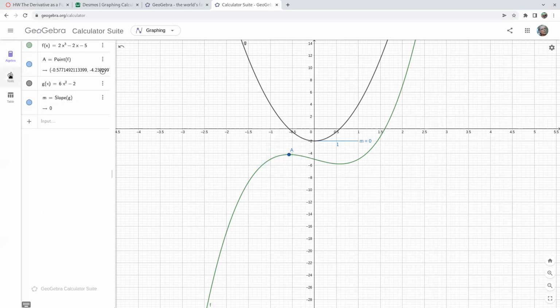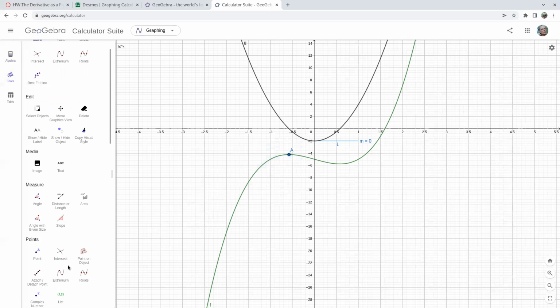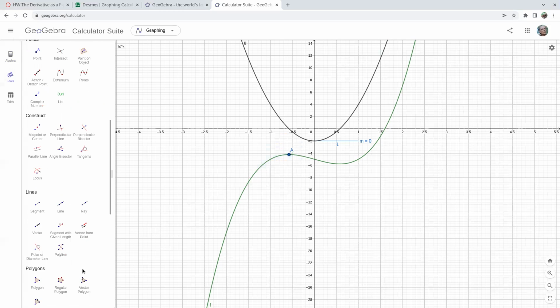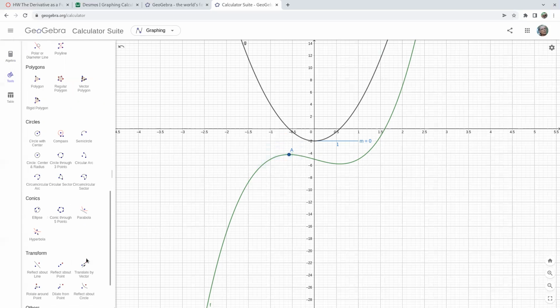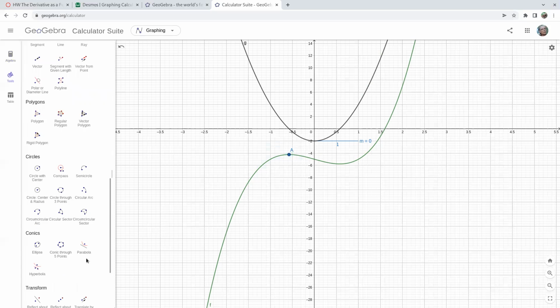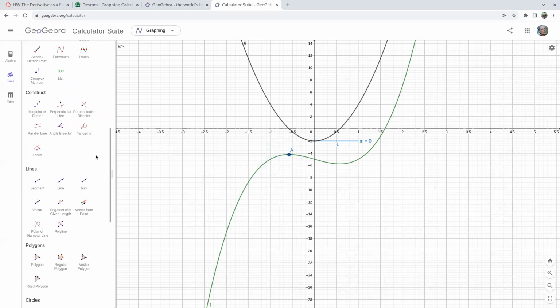Let's put it back in. Tangent, point, curve. There we go. And if I set A to 5.77, I should get a slope of 0 there. Oh, I am. Cool.